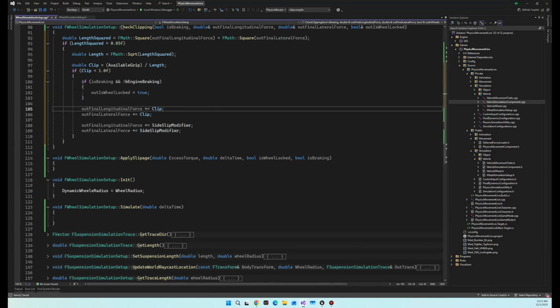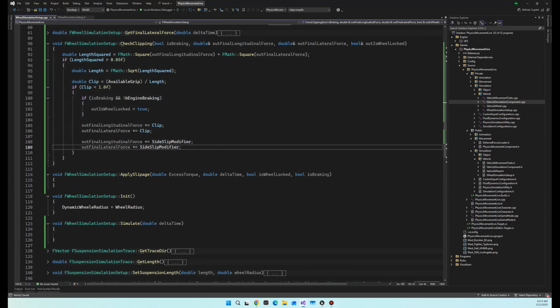Again, we'll take the longitudinal force multiplied by the clip, as well as the final lateral force multiplied by the clip, and then our output final longitudinal force. This is longitudinal and lateral by the side slip modifier.